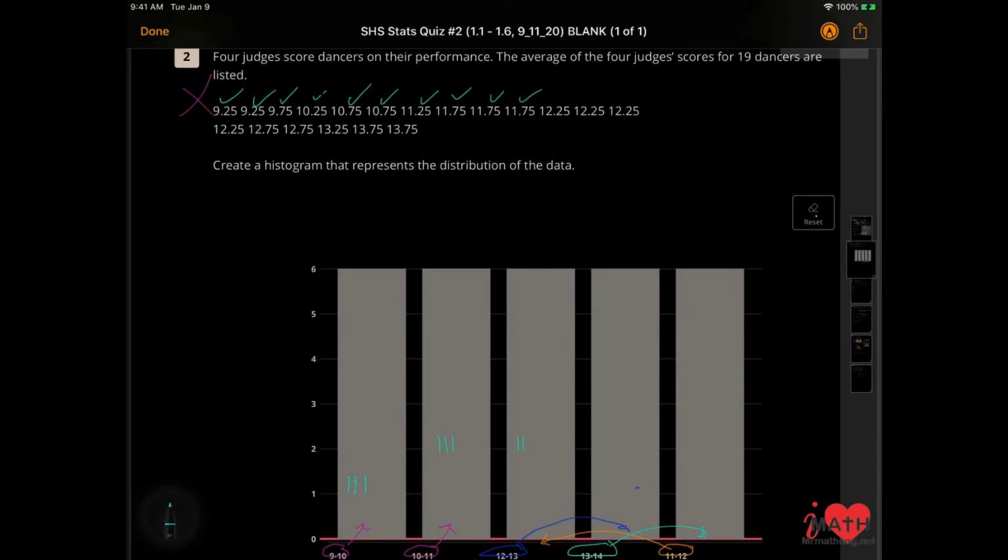Now, between $11 and $12, you have 4. And then between $12 and $13, not including 13, you have 6 there. And then in the far right one, you have 3.